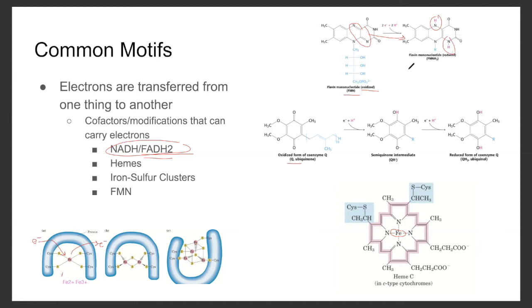So hopefully you don't have to think of it as just a metal changing charge. It can also be an organic molecule that goes from a more oxidized conformation to a more reduced conformation. Ubiquinone does the same thing. We have two carbonyls in the oxidized form, but once we get two electrons and get it reduced, it becomes OH and OH. So hopefully you guys can see the reduction.